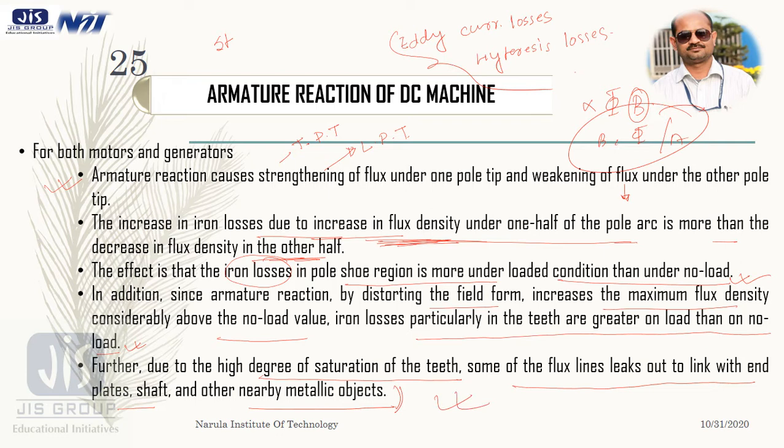So in the teeth area, the iron loss is higher because of the distortion of field form, and as a result of the distortion of field form, there is an increase in magnetic flux density. So if flux density increases, it will saturate that area.